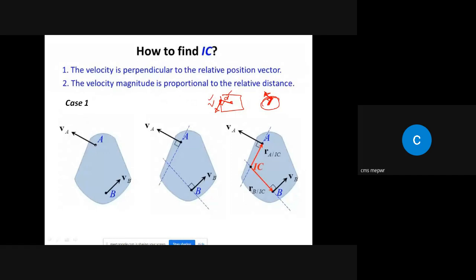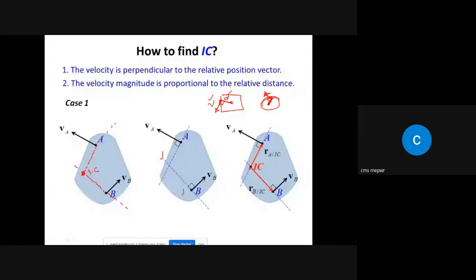In this case, as I have told you, the velocity is always perpendicular to the relative position vector. So perpendicular is like this, and in this case it will be like this. When you extend these, they intersect at a common point, and this is basically the instantaneous center, as you can see over here.